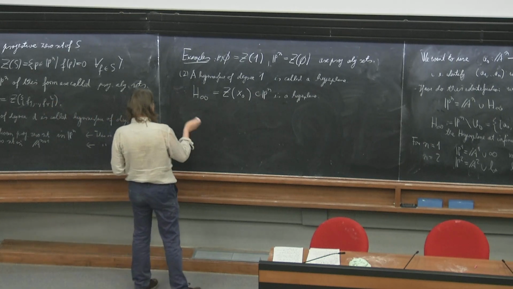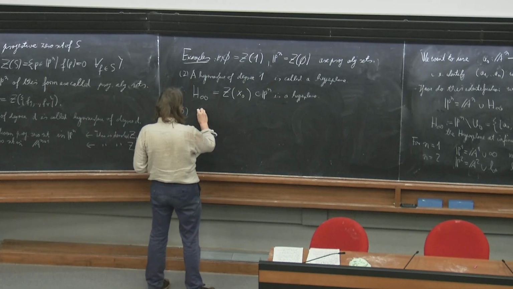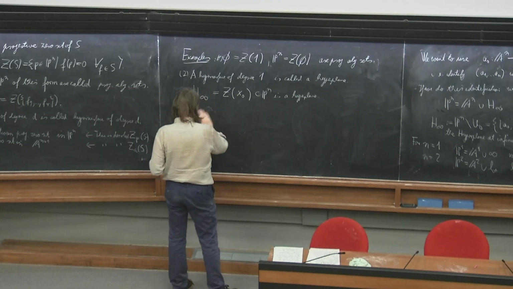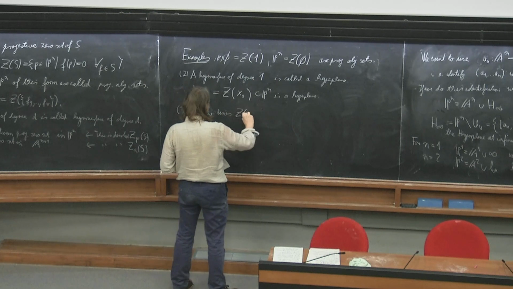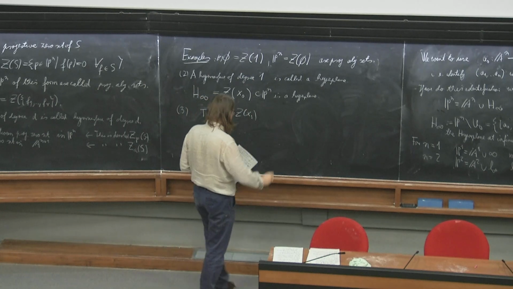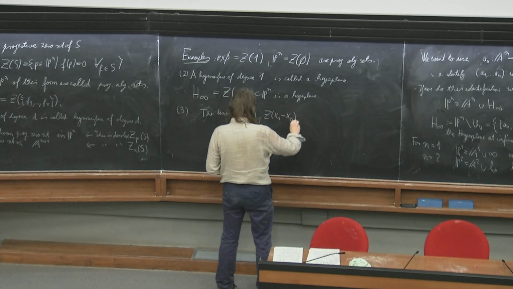So let's look, for instance, at the lines Z of x1 and Z of x1 minus x0.